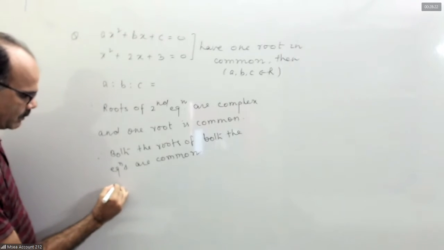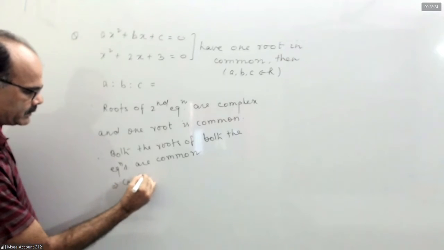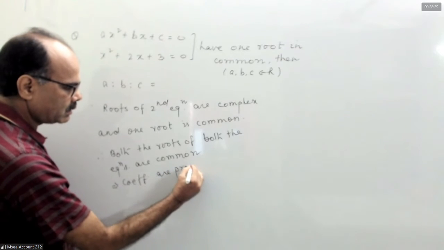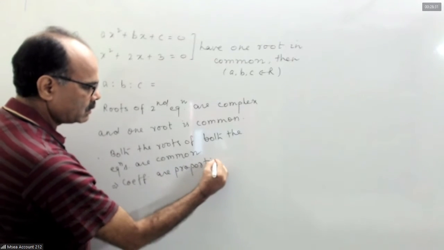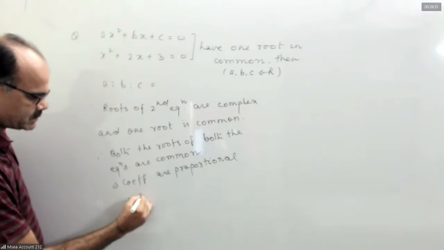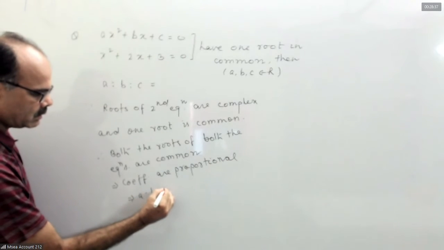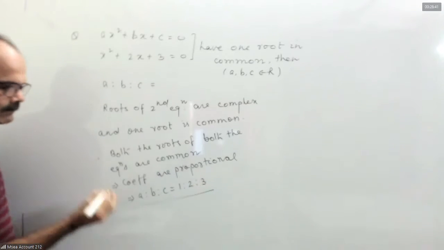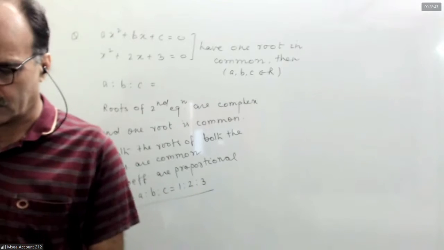This implies coefficients are proportional. This implies what is A is to B is to C? 1 is to 2 is to 3. The basic things.